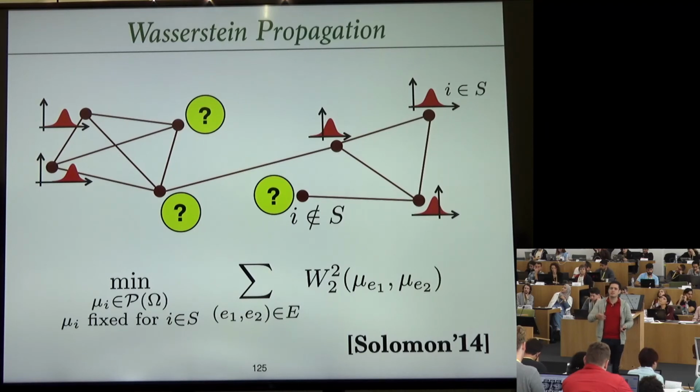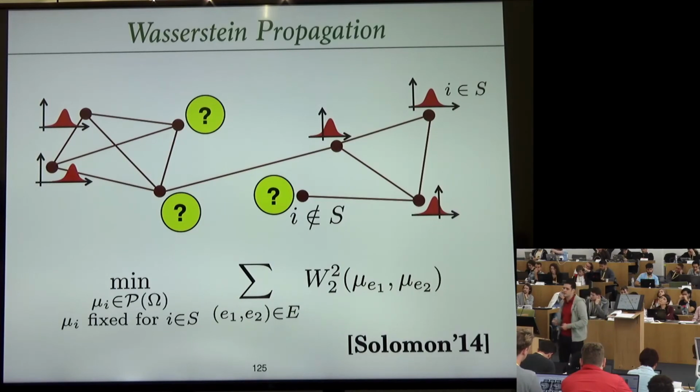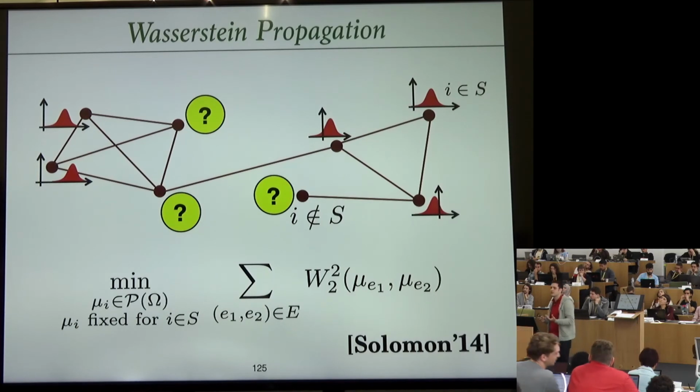Some sensors break down at some point, and so you want to recover the distributions of those sensors. You could do this by computing a generalization of the Wasserstein Barycenter energy. It says, I don't know the values of the histograms at those question marks, but let's just minimize the distance of those question marks to their neighbors that I know.